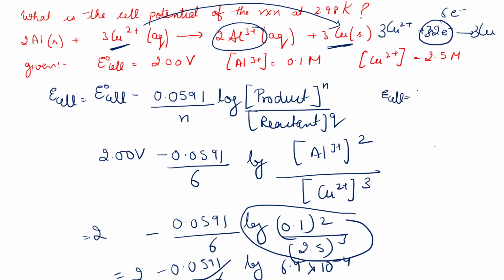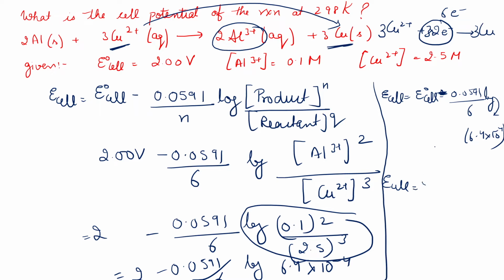E cell is equal to E naught cell minus 0.0591 by 6 log of 6.4 into 10 raised to the power minus 4. Upon solving this equation, you will be getting E cell as 2 minus 0.0591 by 2 log of this value. The E cell will come out to be 2.03 volts.